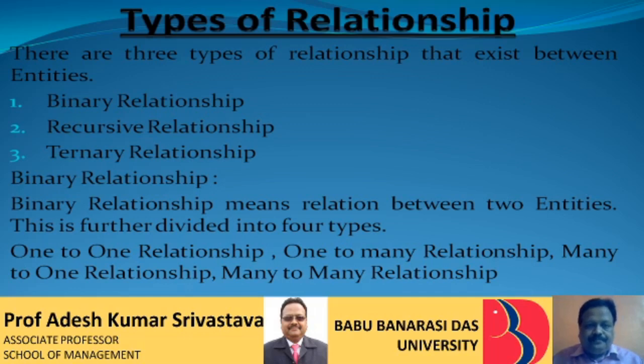Now, binary relationship means relationship between two entities. This is further divided into four types: one to one relationship, one to many relationship, many to one relationship, and many to many relationship. Now we will see this in other slides.